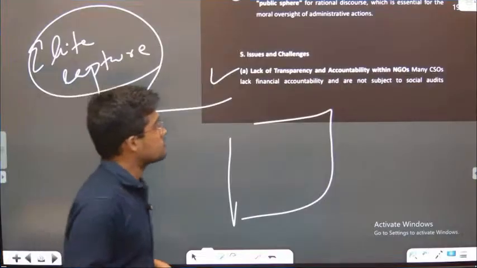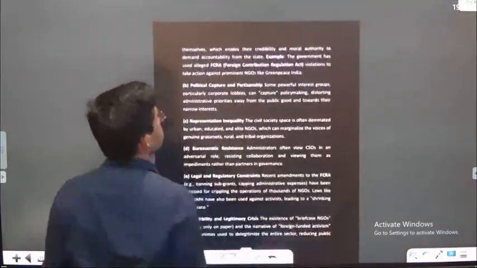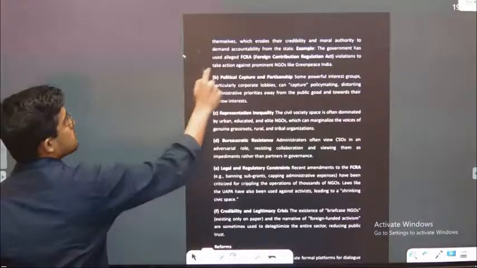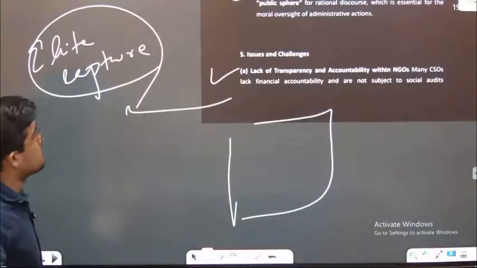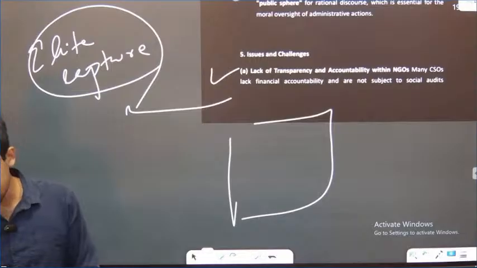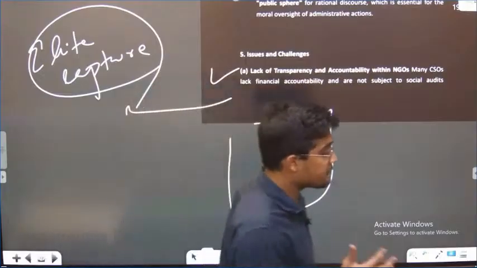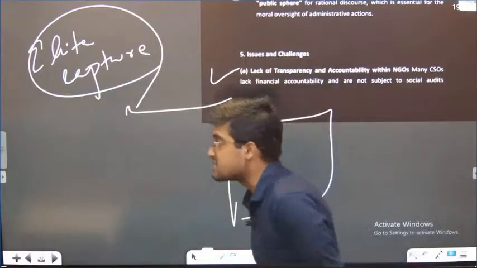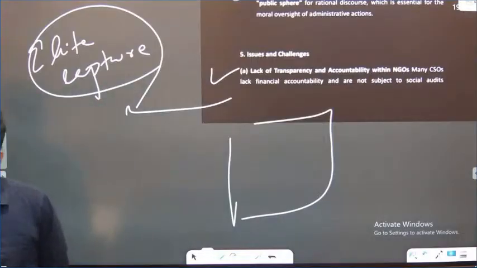Secondly, the funds that these NGOs get, most of the time are from outside. So it is very much scrutinized by the government, asking what is the purpose of these funds. Are they to serve the interest of some foreign country or not? So lack of transparency and accountability with the NGOs is there.